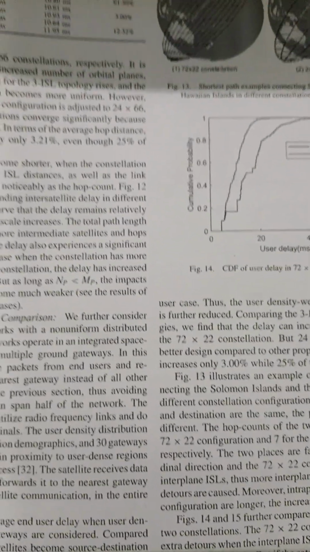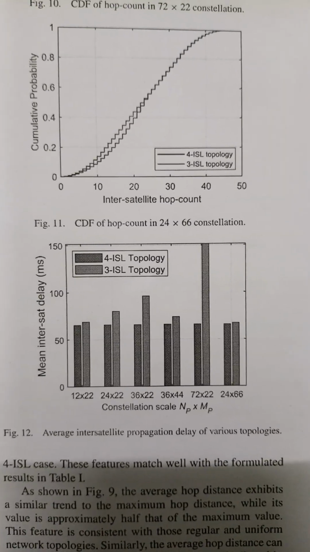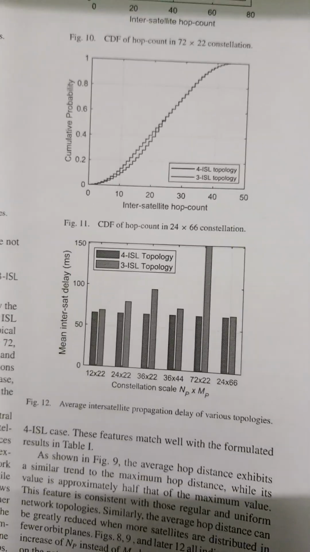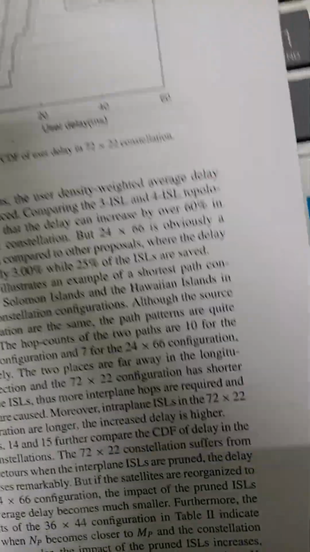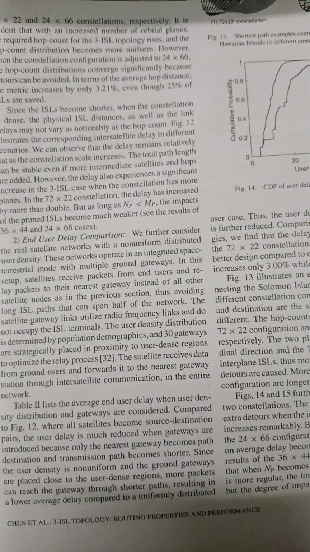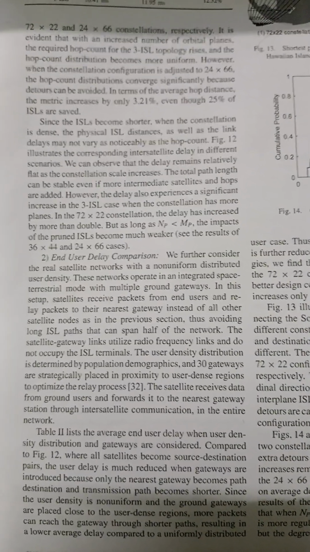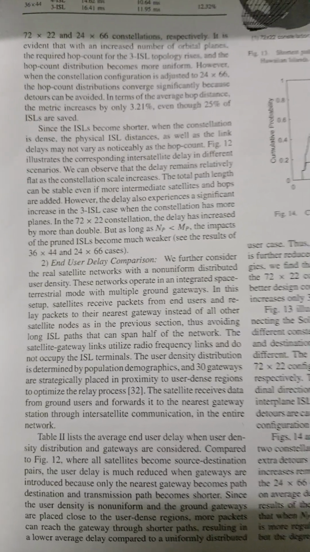Compared to figure number 12, where all satellites become source to destination pairs, the user delay is much reduced when the gateways are introduced because only the nearest gateway becomes path destination and transmission path becomes shorter.